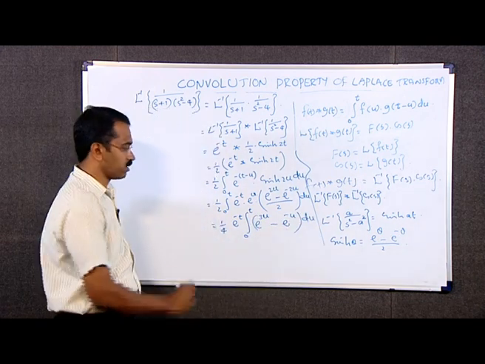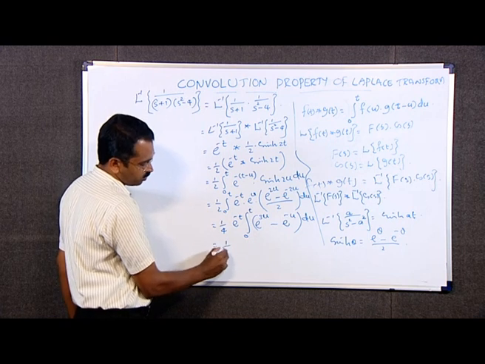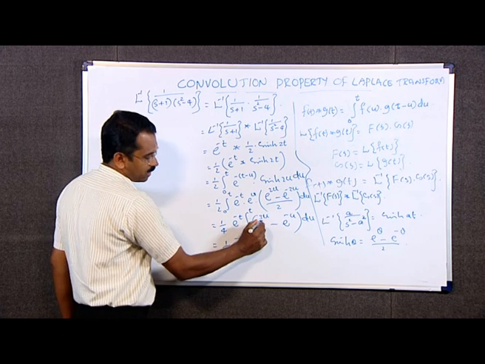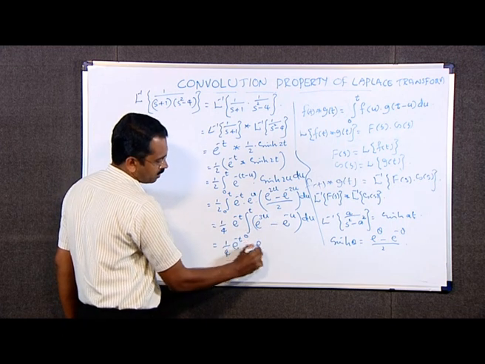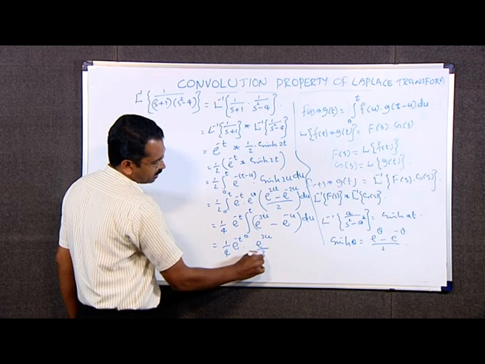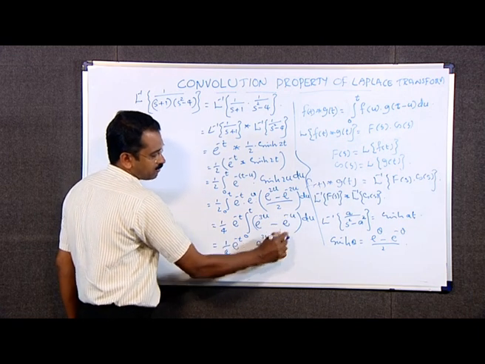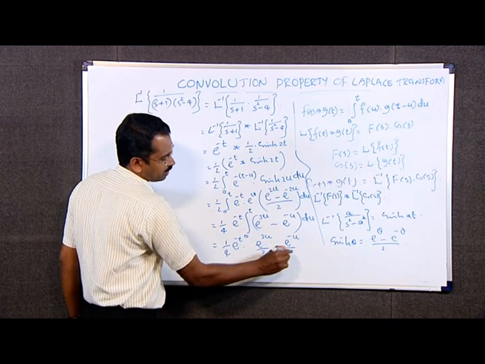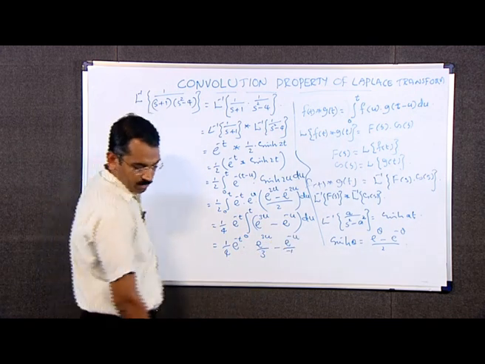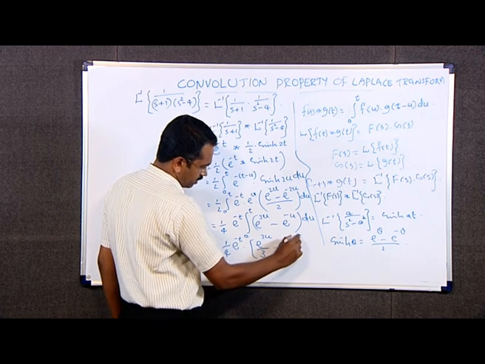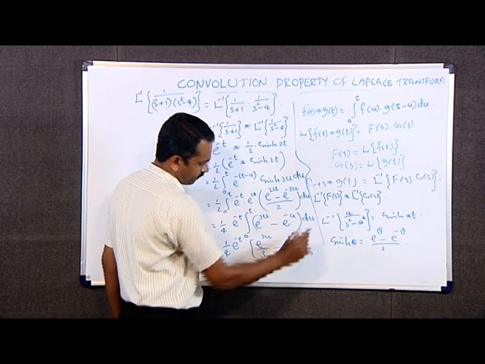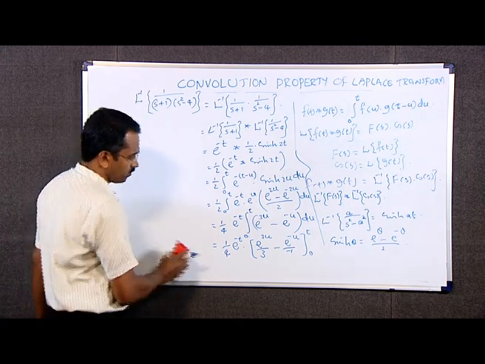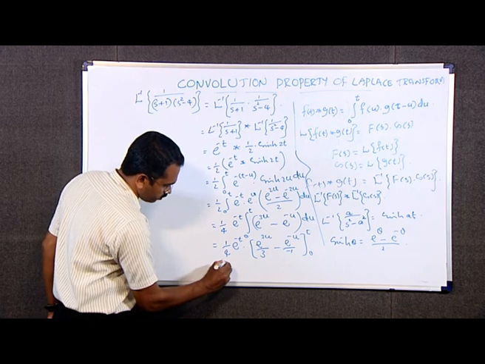On integration, we get 1 by 4 into e raised to minus t into e raised to 3u divided by 3 minus integral of e raised to minus u, which is e raised to minus u divided by minus 1, between the limits 0 and t.